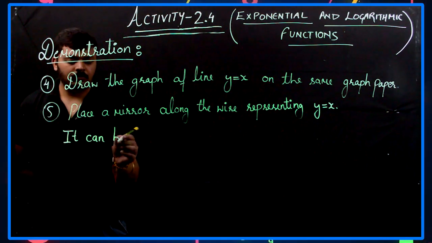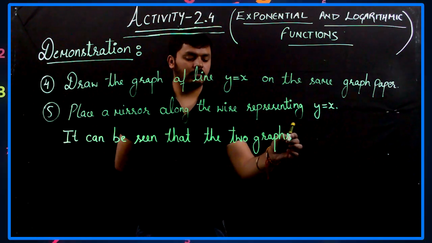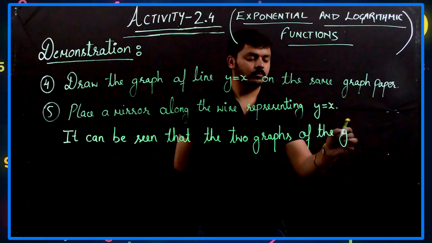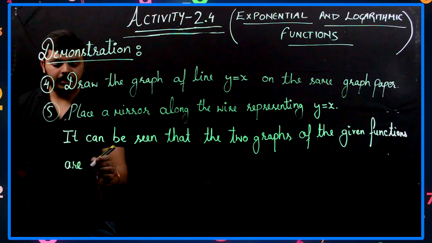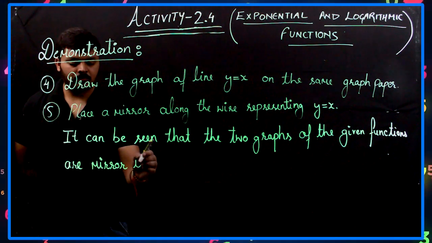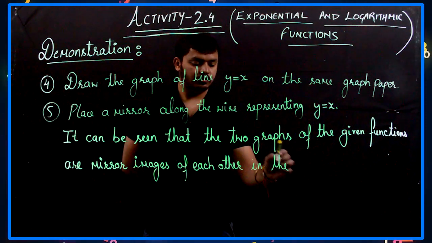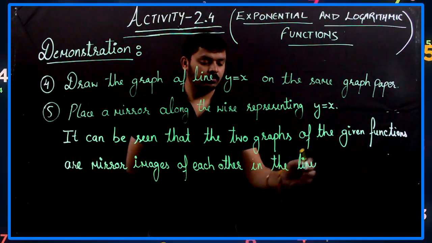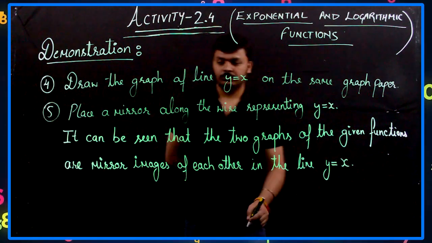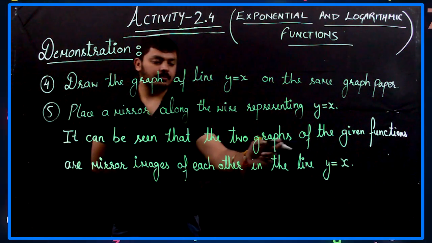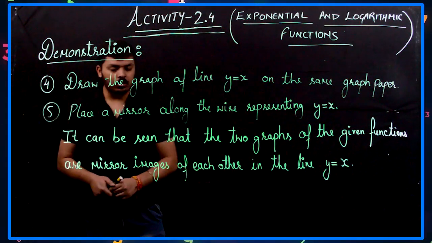It can be seen that the two graphs of the given functions, y equals to 2 to the power x and y equals to log x to the base 2, are mirror images of each other in the line y equals to x.